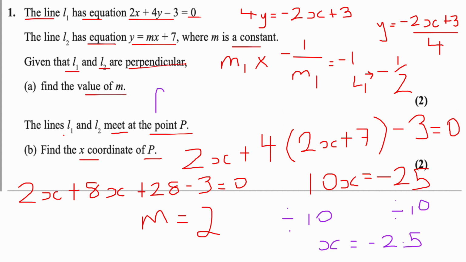If you want to work out the y-coordinate, you would just substitute it into either one of those equations. So that's a typical exam style question for the AS Pure Maths students.